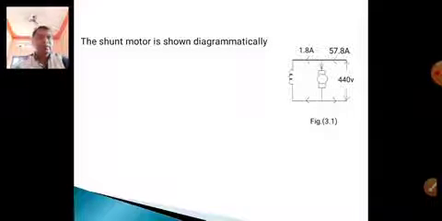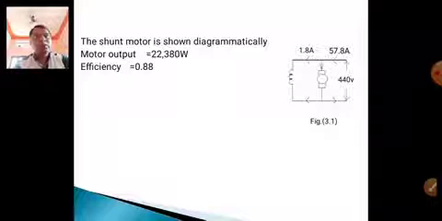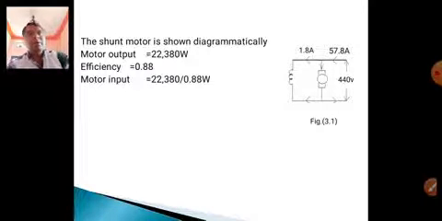Here, see the shunt motor diagram. Shunt motor, not shunt generator, shunt motor. So in a shunt motor, the current is always given to the motor. So here the load current IL equal to IA plus ISH. The motor output is 22,380 watts. Our efficiency is 0.88. The motor input will be output by efficiency.